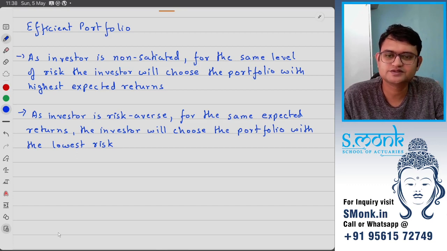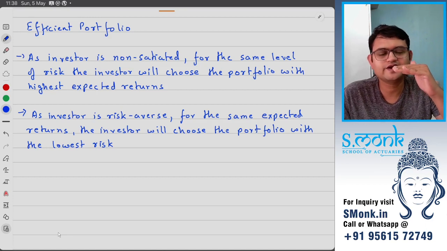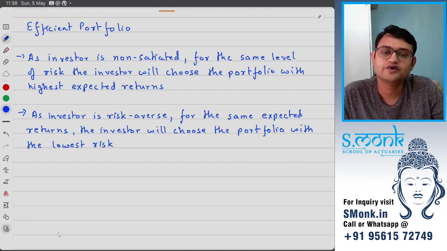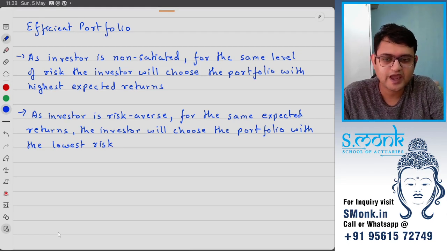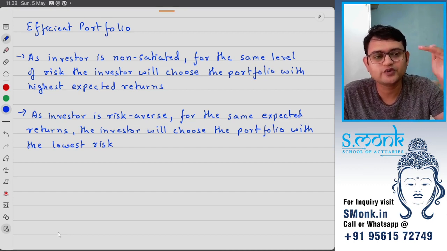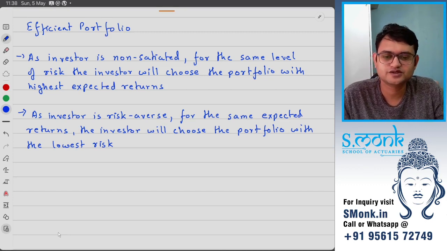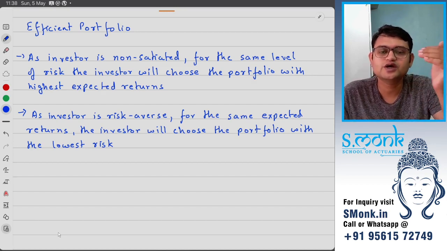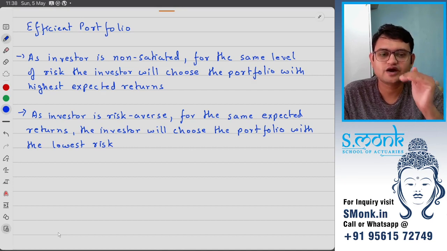Does that make sense? So if you have already decided a level of risk, that I am going to take this much risk, then you should go for the highest expected returns at that level of risk. And if you have not chosen the risk, but you have chosen the expected returns, you are saying that I want 12% returns, then at that level of returns, you should be choosing the lowest risk available.